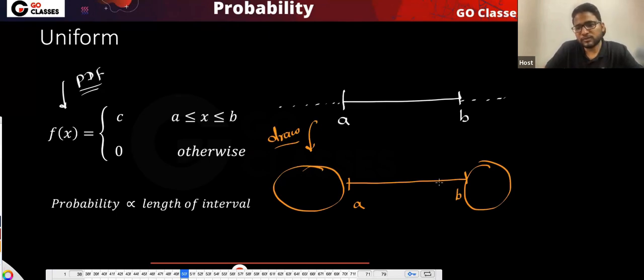Now, uniform distribution says there's an equal probability that you will be getting something in any interval. Let's suppose this interval has a length of 1.